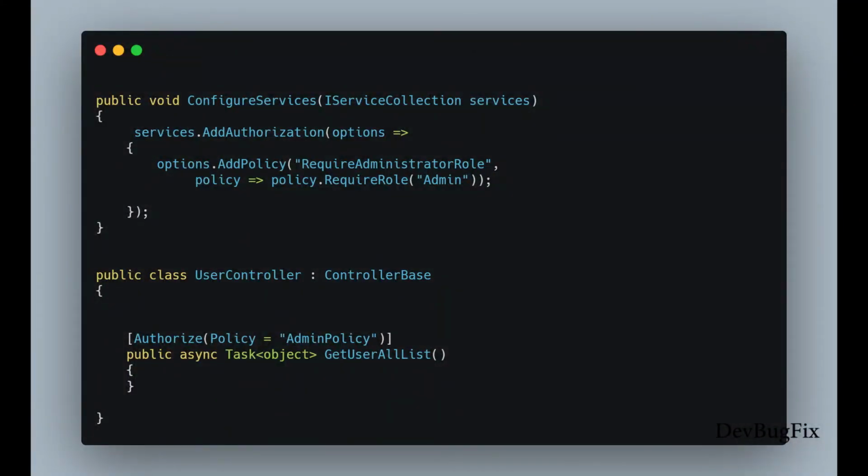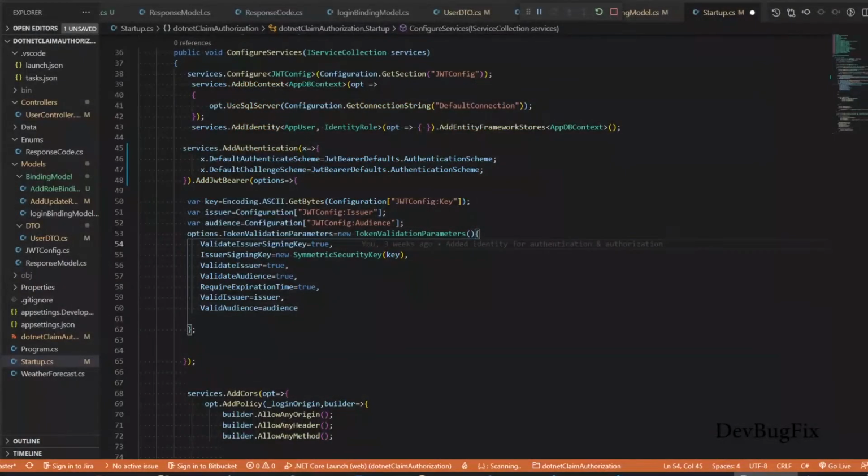Now we will see policy based role checks. Role requirements can be expressed using policy syntax. In the startup file we register a policy and later we apply this policy on a controller and on a method. In the startup file we create or register the policy.